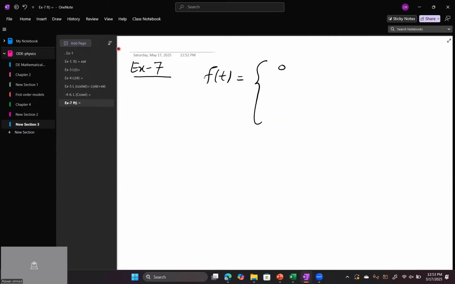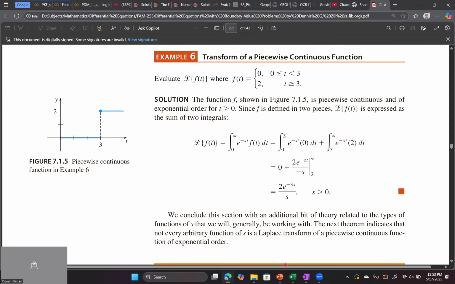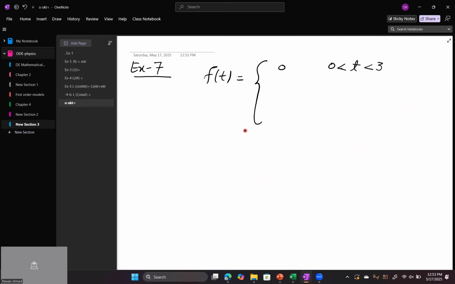It is 0 when time is greater than or equal to 0 and less than 3, and its value stays at 2 for t greater than or equal to 3. So this is a discontinuous function. It is discontinuous at t equal to 3.